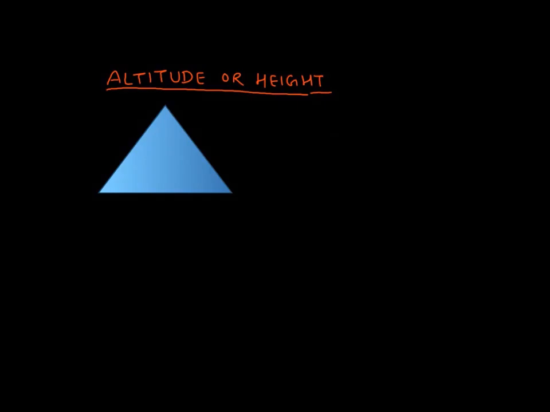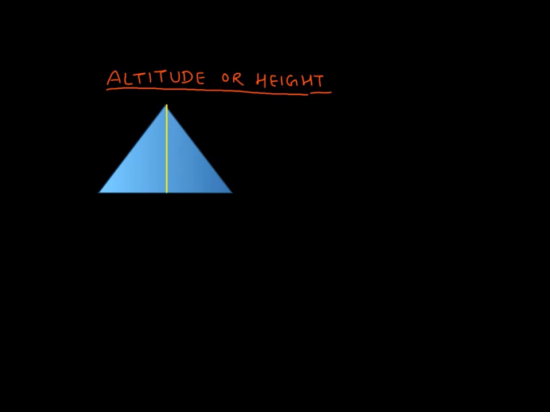Next, we will learn about altitude or height of a triangle. I am taking here an acute angled triangle. Now in this triangle I am drawing a line segment from one vertex to the opposite side.